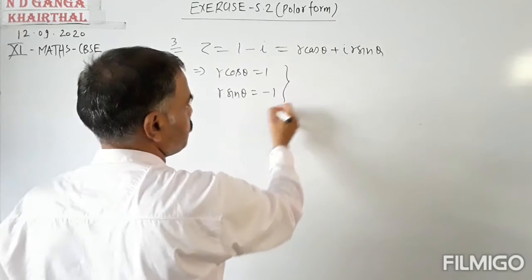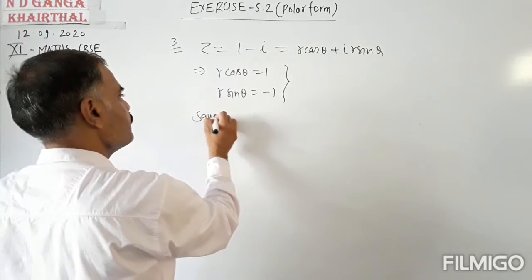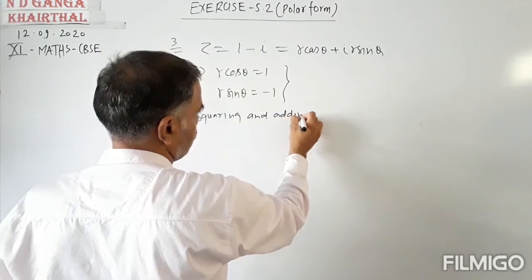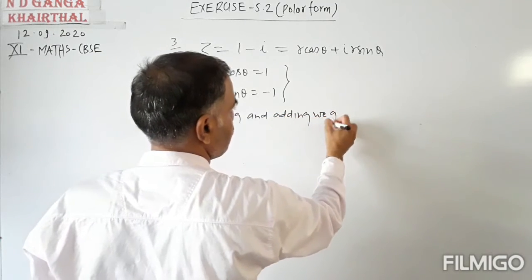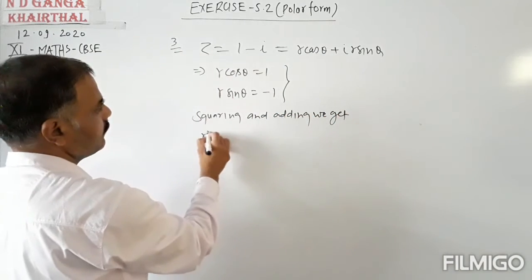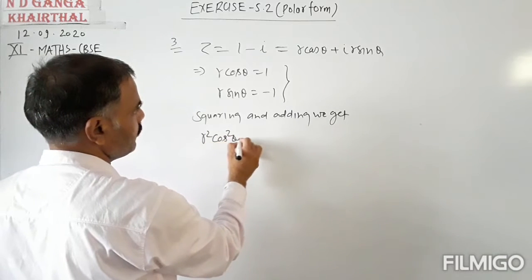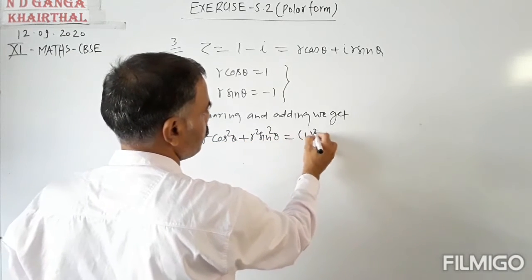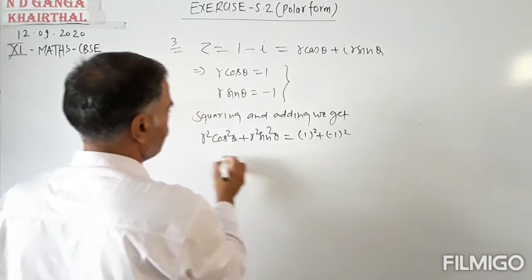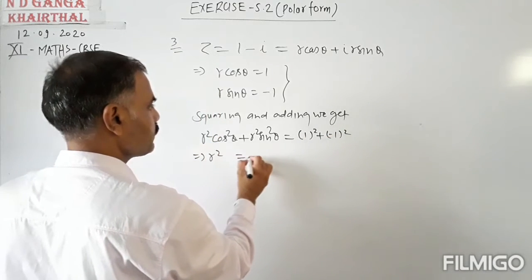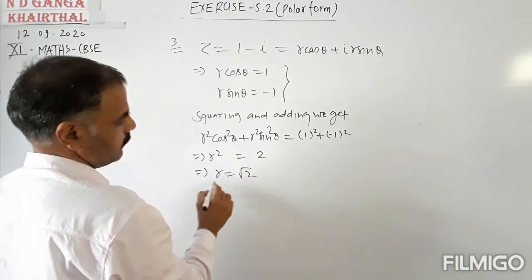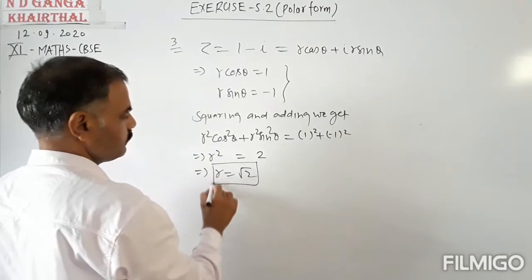Now squaring and adding, we get r square cos square theta plus r square sin square theta equals 1 square plus minus 1 square, that is, r square equals 2. So r equals under root 2. The magnitude is under root 2.